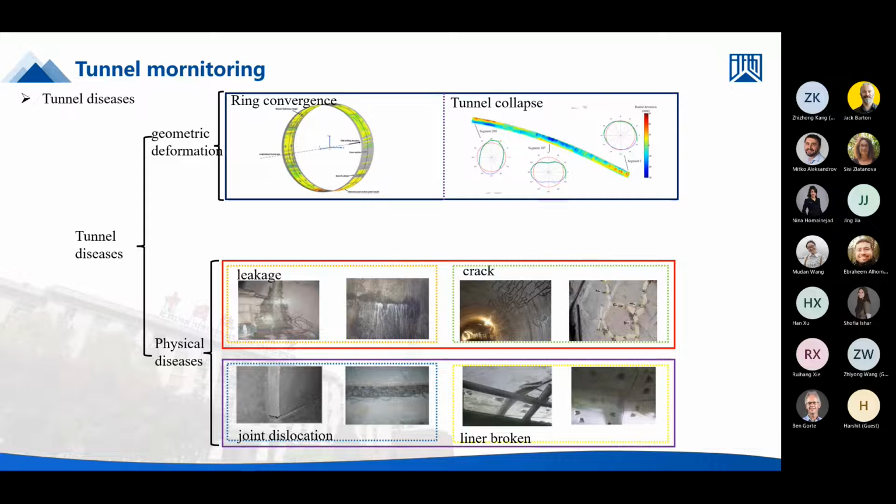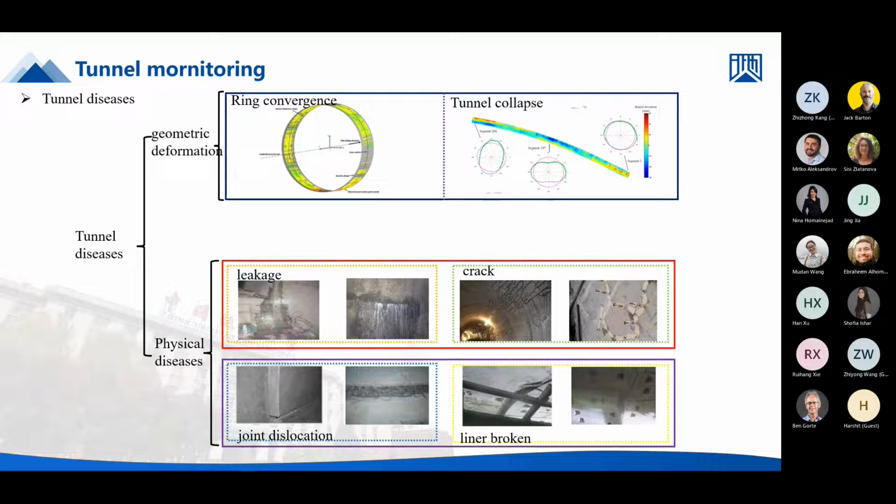Concerning the tunnel monitoring, we have different ways to check the health condition of the tunnel. One is the geometric deformation. In this way, we will compute the ring convergence and also the tunnel collapse.